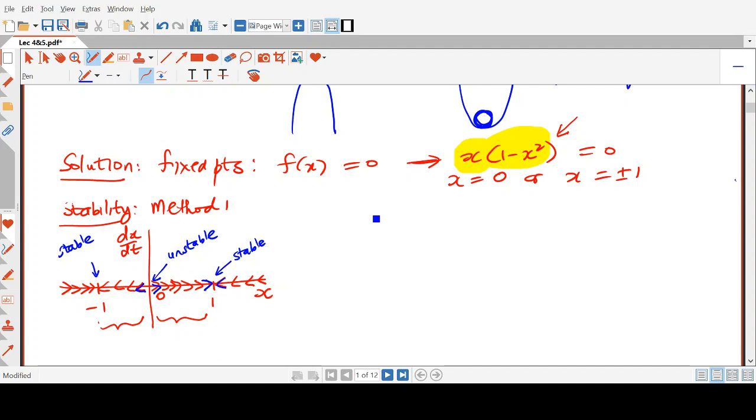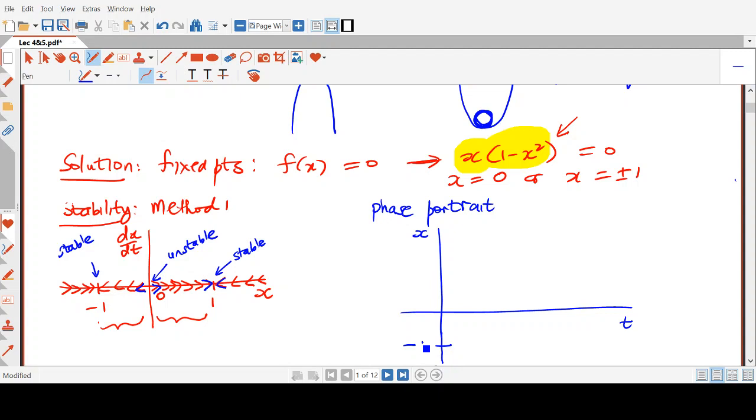If I do the phase portrait, that is a portrait of dx/dt versus x. I am really after what is x versus t. We found that there are 3 equilibrium points: -1, 0, and 1. And these are the 3.